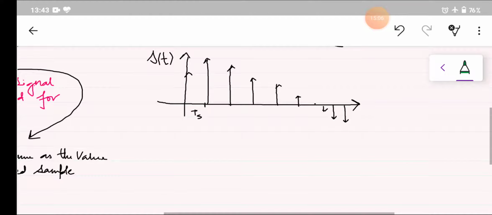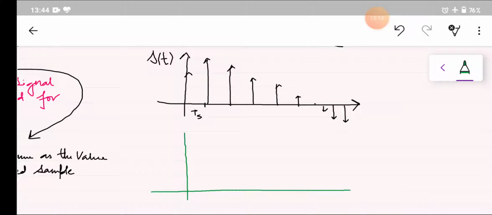So now we can see how this zero order hold will work. So the zero order hold output, let us say this is ht.